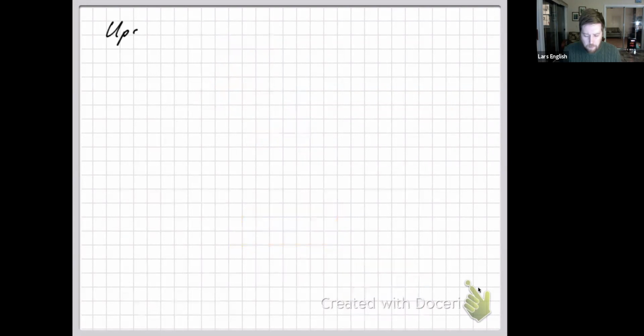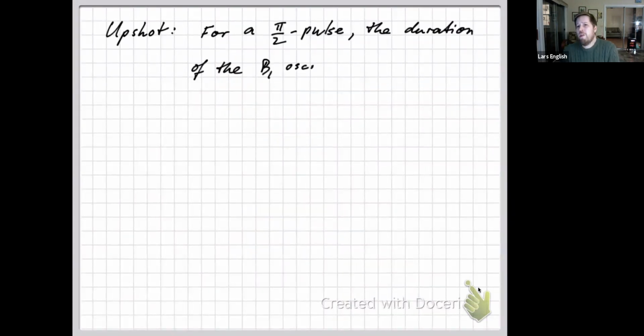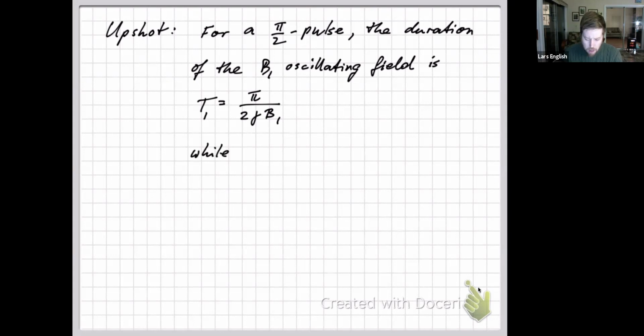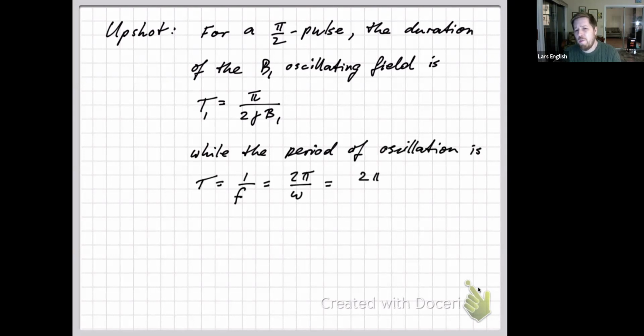Okay. So the upshot is that for a pi over 2 pulse, we need an oscillating B1 field that has a duration of pi over 2 gamma times B1, while the period of oscillation is given by 2 pi over gamma times B naught.